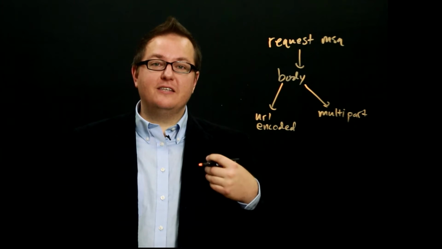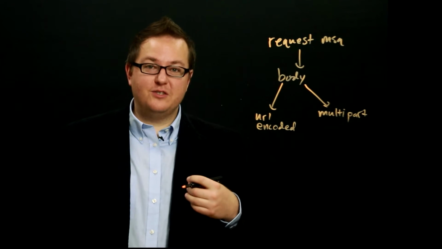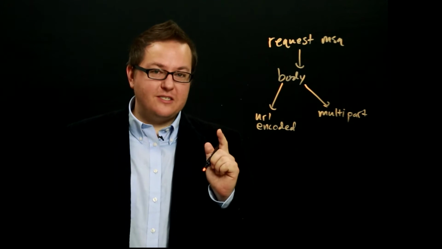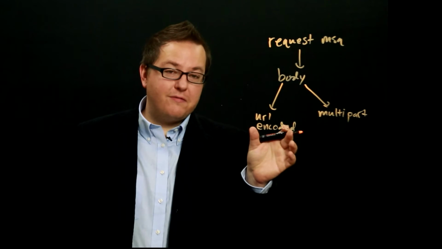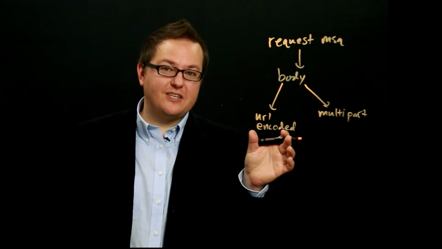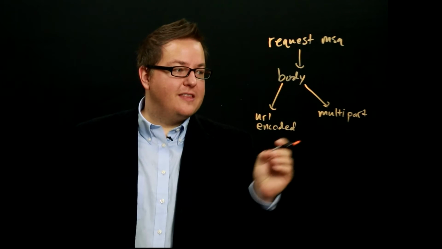If you're sending a series of simple key value pairs, URL encoded is the way to do it. One reason is that URL encoded is more space efficient in the size of the message for small amounts of data than multi-part.